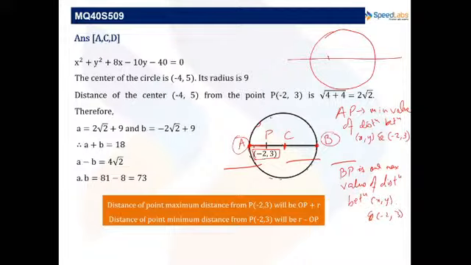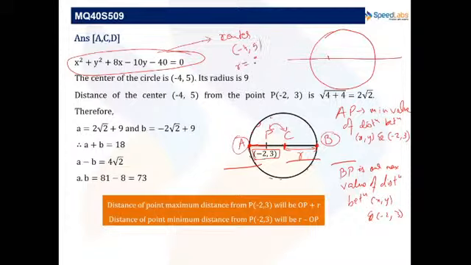So we have found the distance AP, we have to find the distance BP. First we know that CB will be equal to the radius R. Now we have found the distance BC here, because we are having the equation of circle. From this equation of circle, its center is (-4, 5) and its radius is 9.